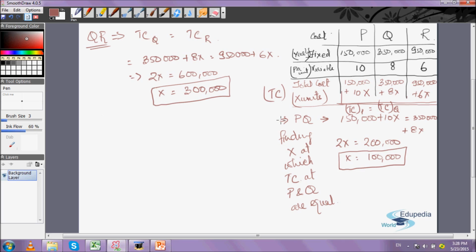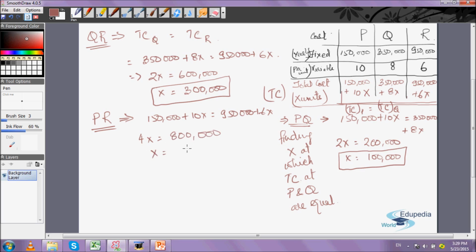What's left out? We've done PQ, QR, then it's P and R. Let's find out the value for P and R also. So here P is 150,000 plus 10x equals 950,000 plus 6x. Again taking 6x to the other side, we will have 10 minus 6 equals 4x, and then taking 150 to the other side, we will have 95 minus 15 is 80, that is 800,000.